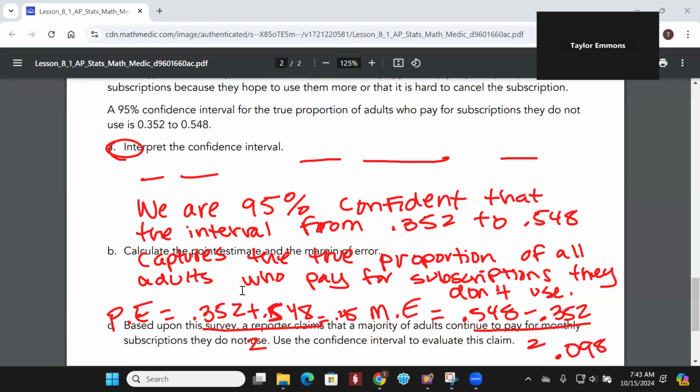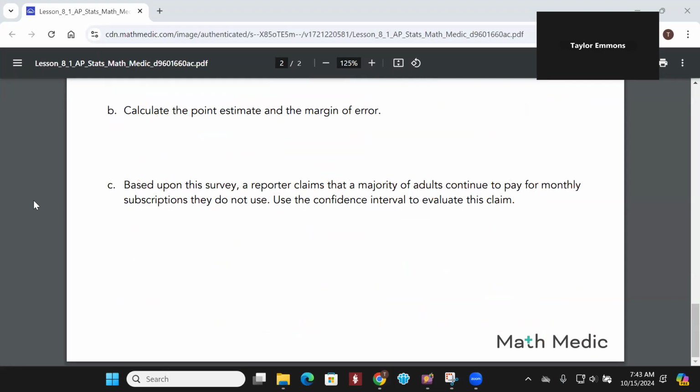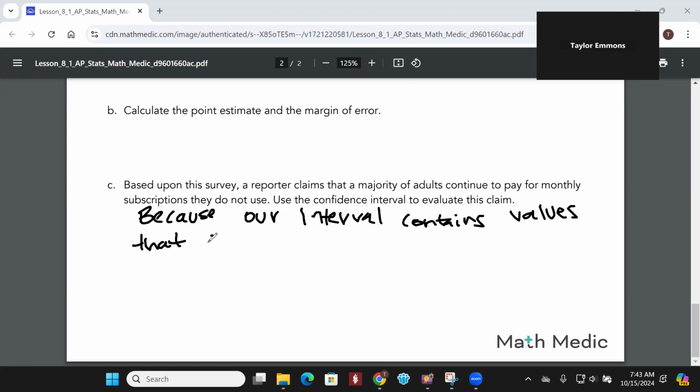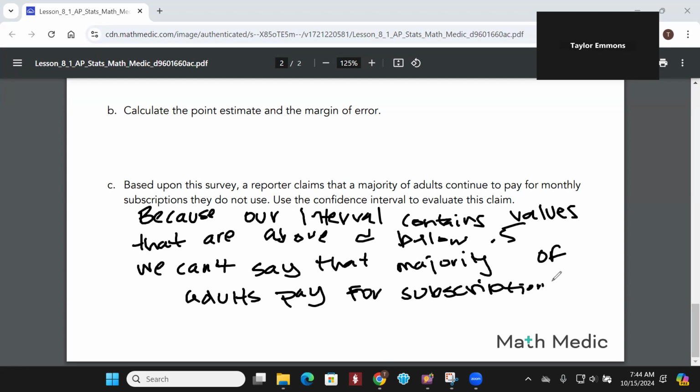Okay, so when we do this, we say because our confidence interval contains values that are above and below 0.5, we can't say that a majority of adults pay for subscriptions they don't use.